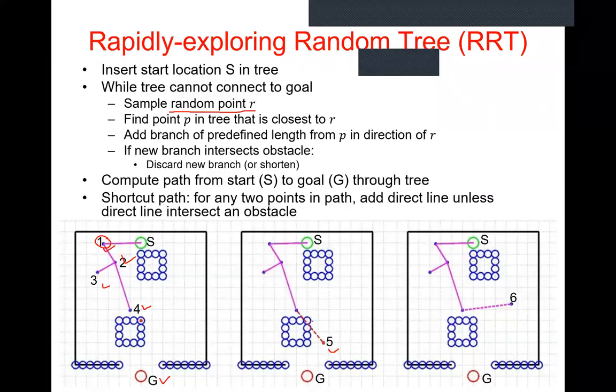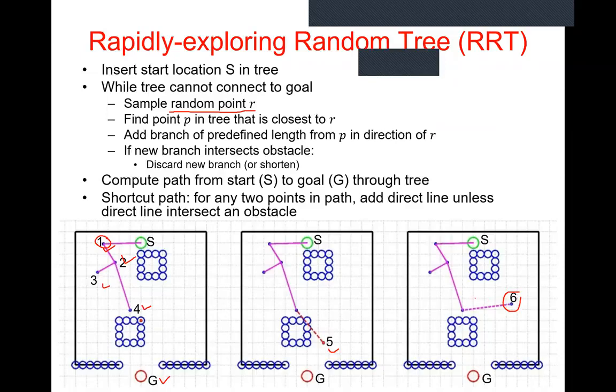So you don't add this branch, you discard this point. Then you sample a new point in here, and then you connect it to the closest point in the tree, and it doesn't intersect obstacles, so it's feasible.